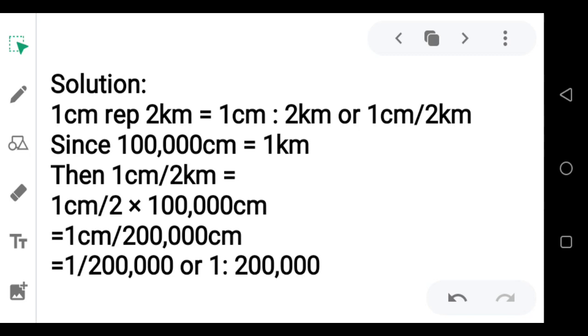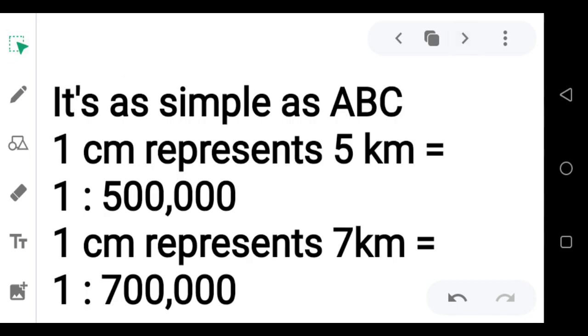So when you see a scale, 1 centimeter represents 2 kilometers, it's the same as saying it in the representative fraction form, 1 is to 200,000. This is very simple. If you are given another example, for example, 1 centimeter represents 5 kilometers, if you are to change it to RF without even calculation, the answer should come to your mind.